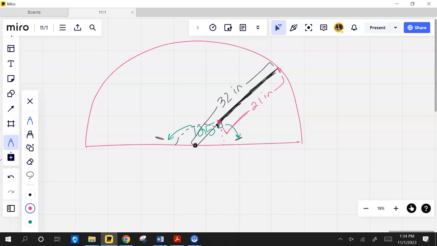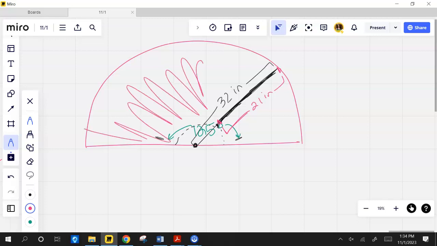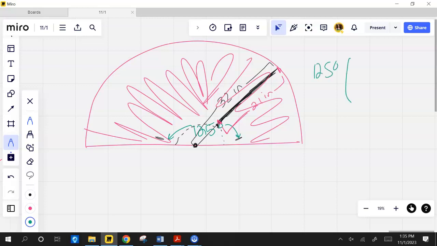So in other words, find that area. Talk me through it. What are we going to do? I know I got to convert degrees to radians first of all. I might as well go ahead and do that. 125 into radians. So times pi over 180.